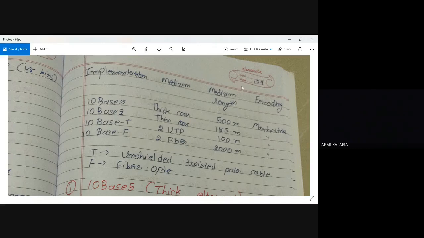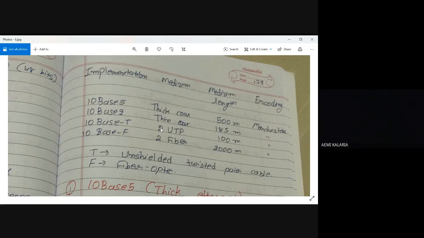Now, the medium length. I already discussed that this is x, right? If it is 5, then I simply multiply with 100, so this is 500. If it is 2, simply multiplying should give 200, but the actual value is 185. What is 10 base T?